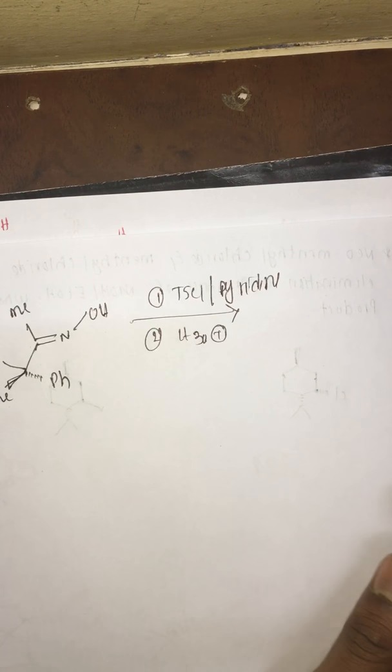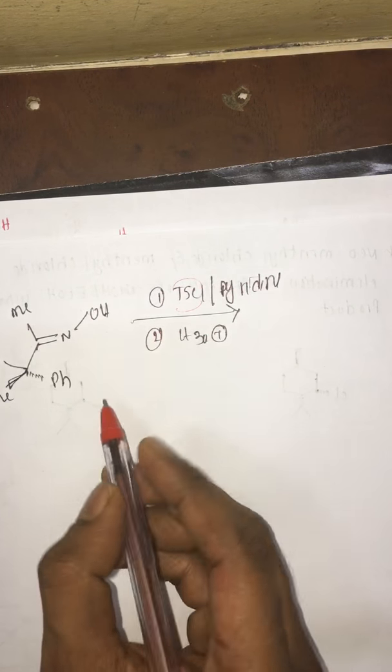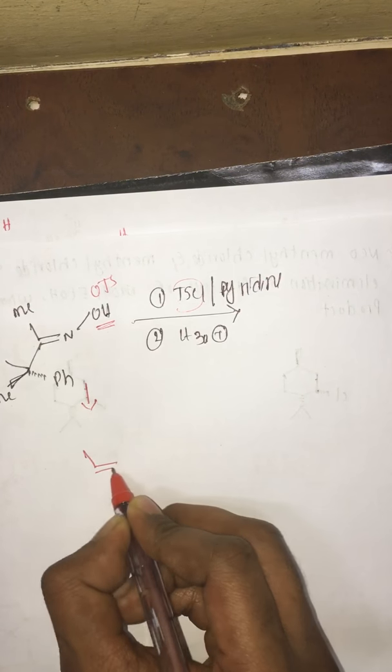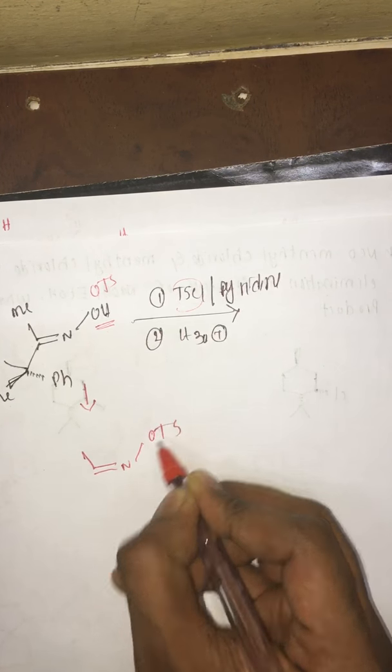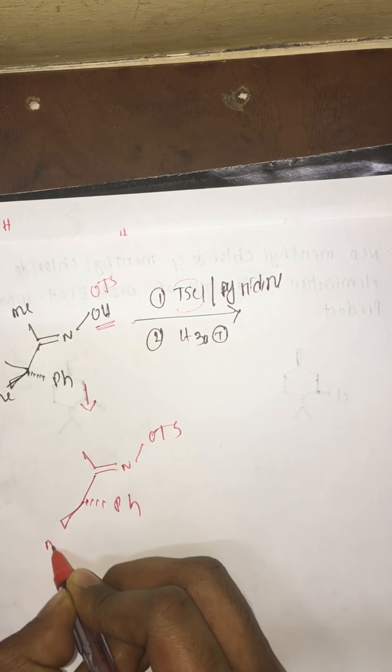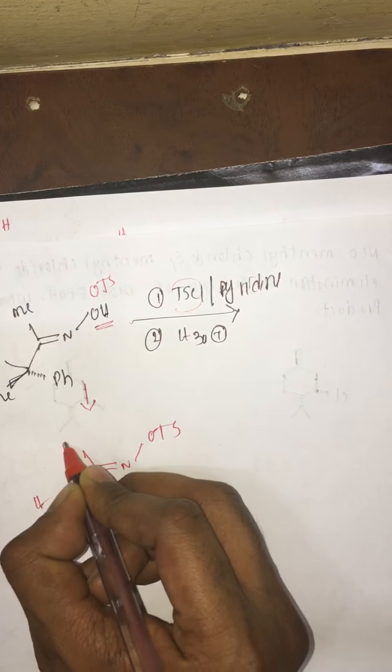Okay, so this is also just Beckmann's rearrangement. Instead of an acid catalyst, they have given tosyl chloride. So this tosyl chloride will convert this OH into OTs. In OTs, pH, methyl group, hydrogen, methyl.